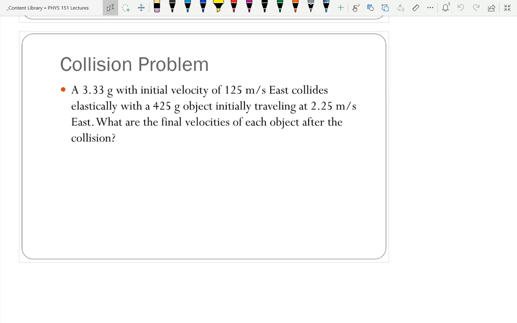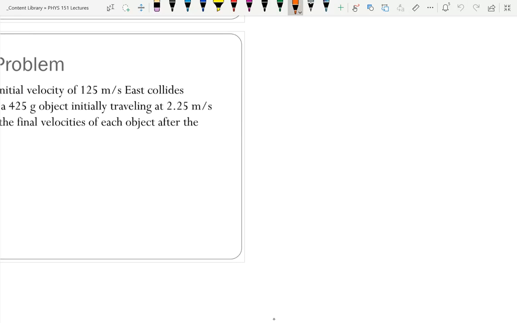So first of all, what type of collision is this? Elastic. If it's elastic, what rules do we have in place? No kinetic energy is lost. So I draw my picture. Object 1, moving. That was a very nice arrowhead.